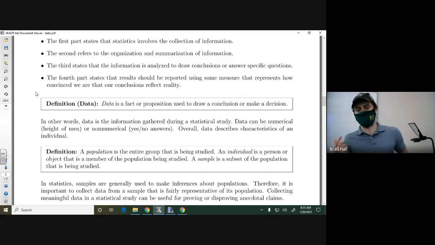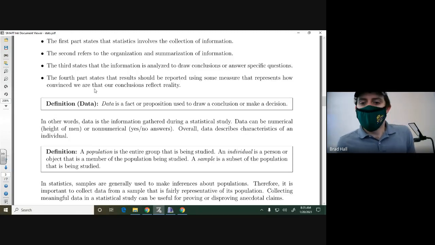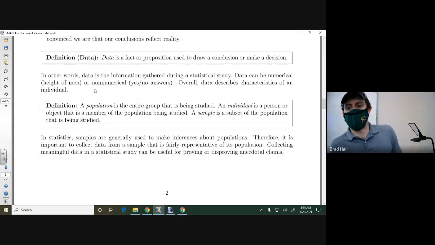So we've all had statistical studies done to us time and time again. Schools, on the internet, it's happened to all of us and we didn't even know it. So how tragic. So let's go on a little bit more.